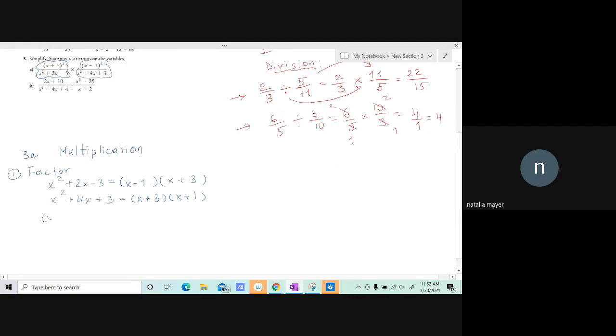So X plus 1 squared over, now instead of this expression, I'm going to write X minus 1 times X plus 3. Then times, between the 2 rational expressions, and the second expression is X minus 1 squared, and the denominator is X plus 3 times X plus 1.